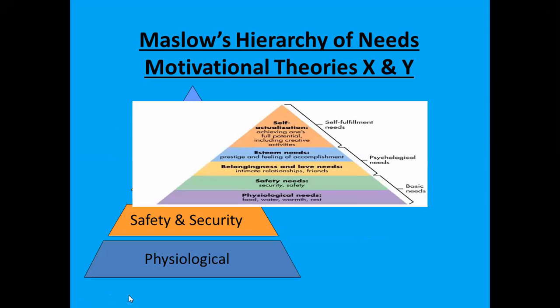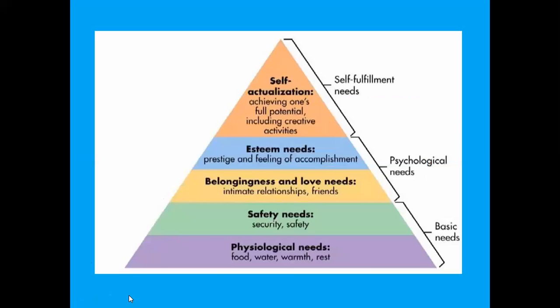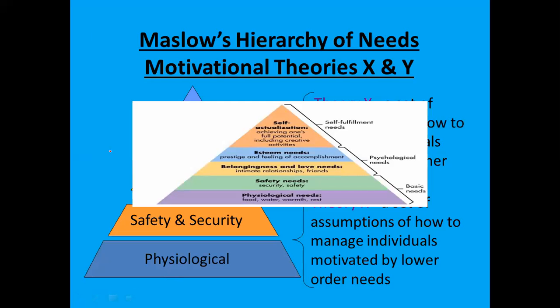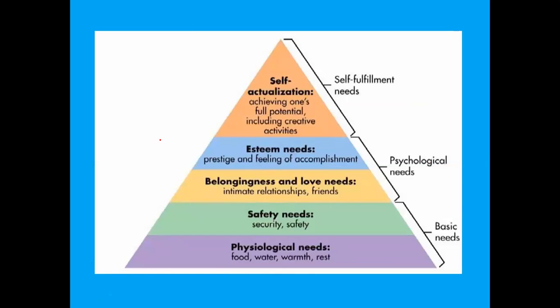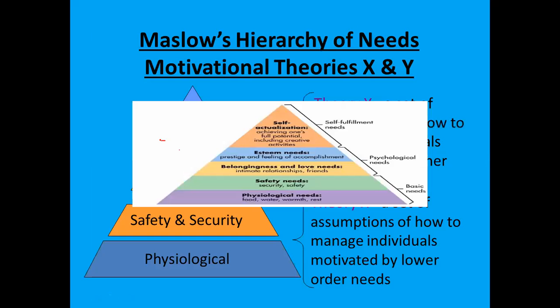If you see Maslow's hierarchy of needs, we have theory X and theory Y. So what do theory X and theory Y say according to Maslow's hierarchy?